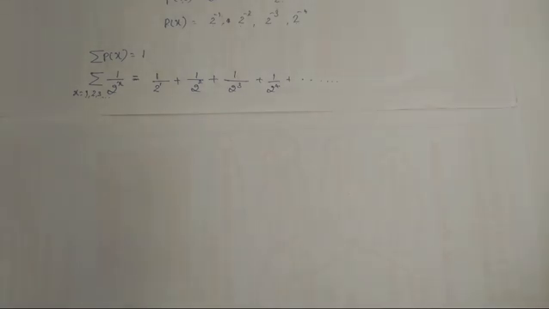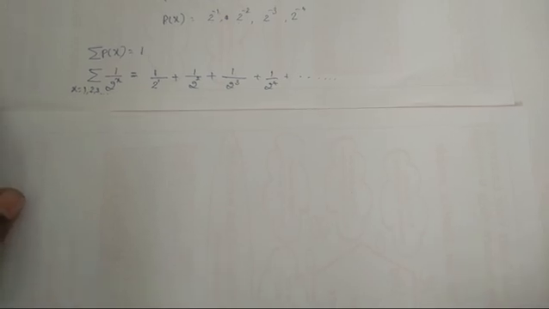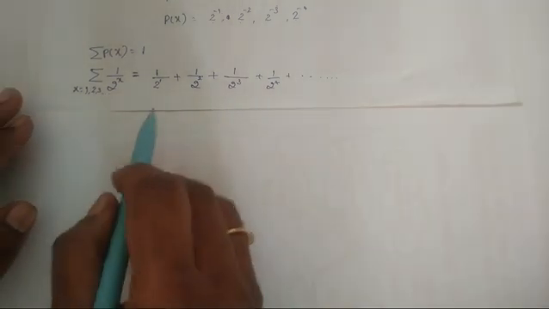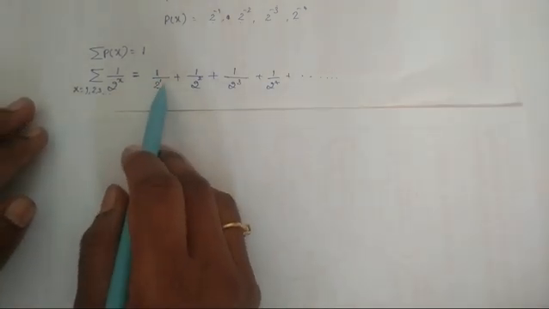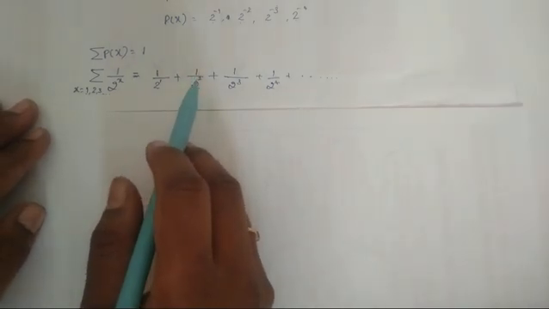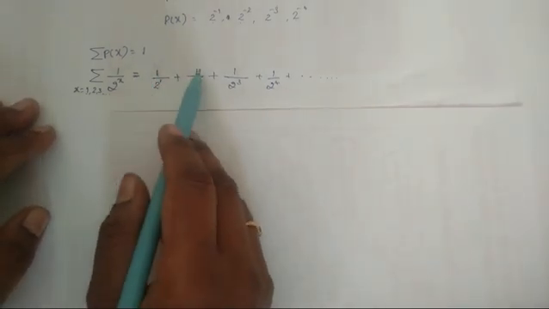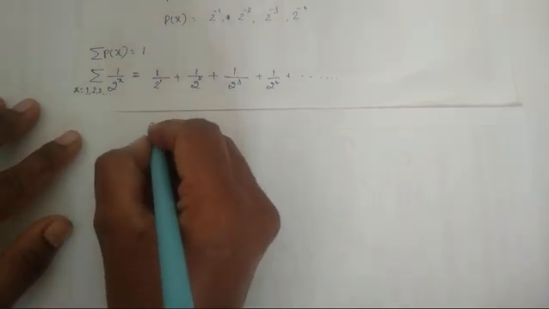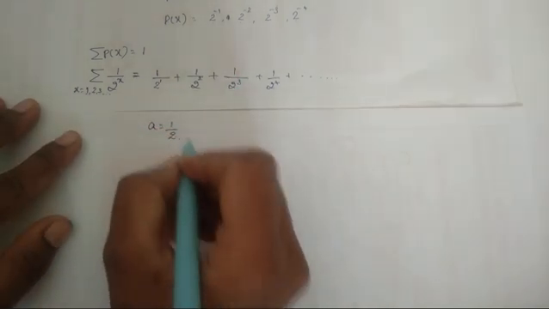In your lower classes, you have already learnt about the arithmetic series, geometric series, harmonic series, geometric progression, arithmetic progression, all these things, right? If we use those concepts, this is in the form of a geometric series 1 by 2, 1 by 2 square, 1 by 2 cube, where the first term a is equal to 1 by 2.